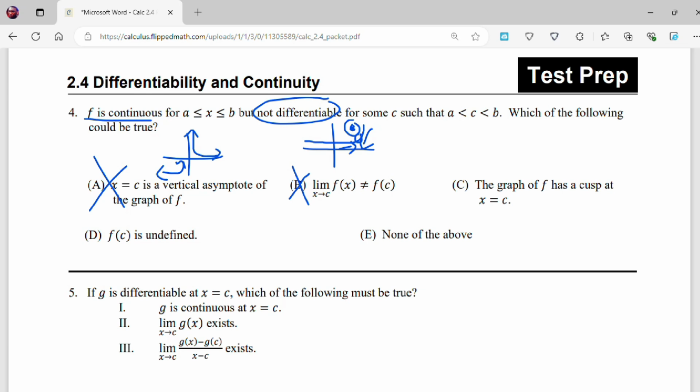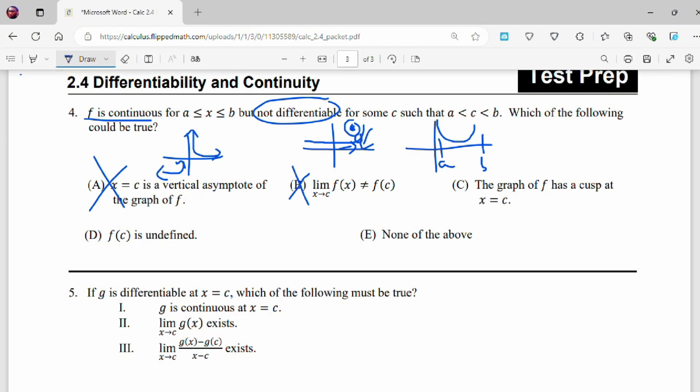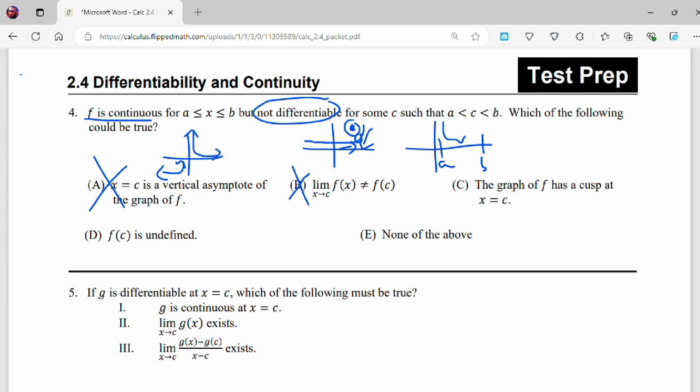And then C, the graph has a cusp at x equals C. So let's try that. We have A, B, and then this is our point C. We have a cusp.